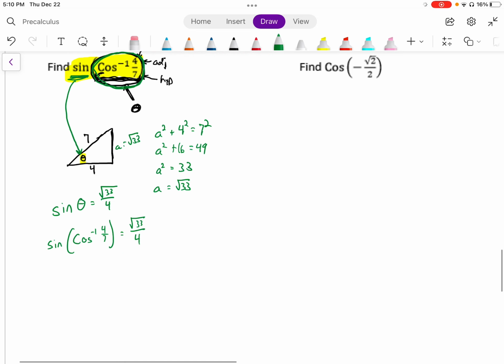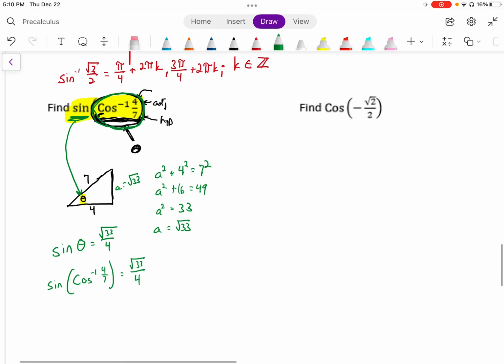Okay, this one I feel like it's a little out of order. We just did that more difficult one, but this says find the cosine. I think this is supposed to say inverse cosine of negative root 2 over 2. Well, when we have inverse cosine with a capital C, we only are looking for 1-to-1, so we're looking between 0 and pi.